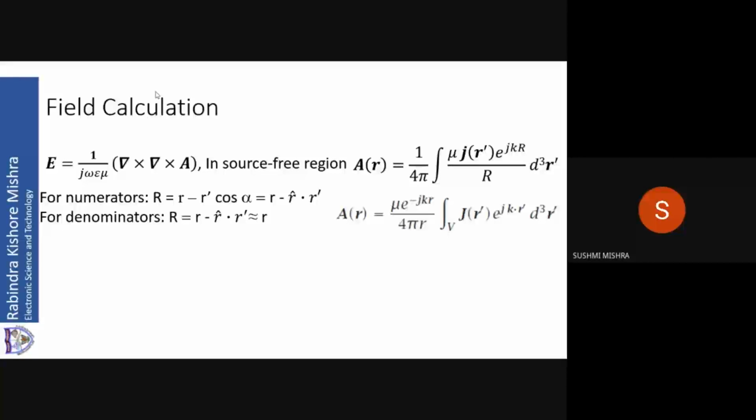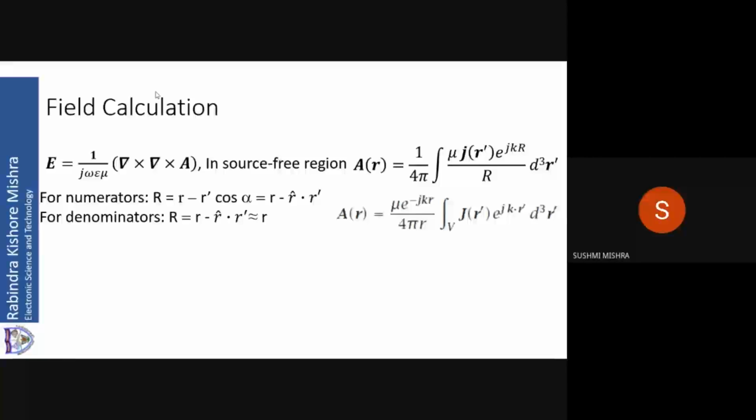So that part is non-integral. Then the integrand part becomes volume integration of J(r') e to the power jk cap dot r' dv'. So this is an expression for A(r).